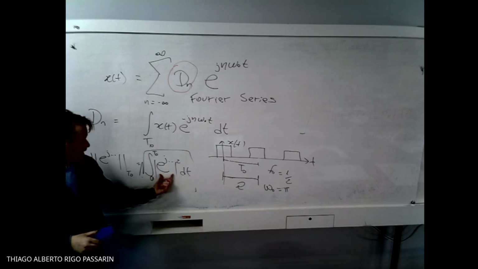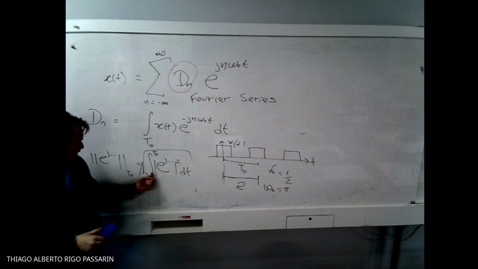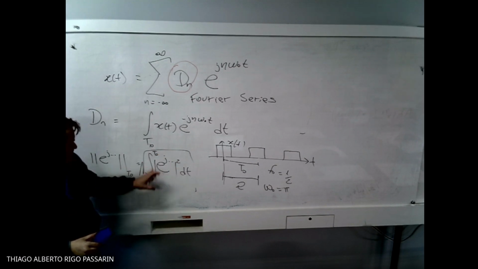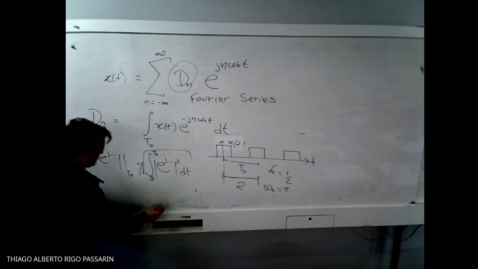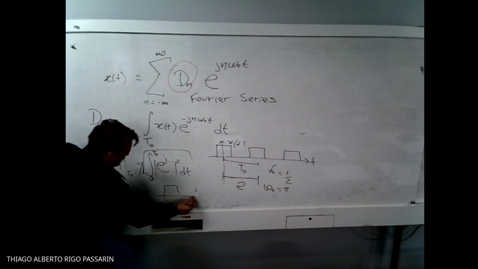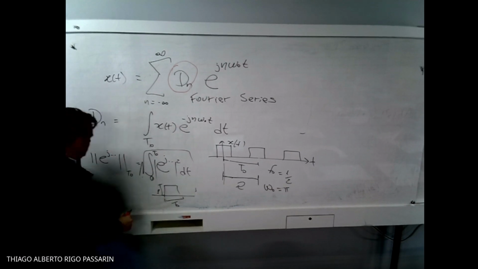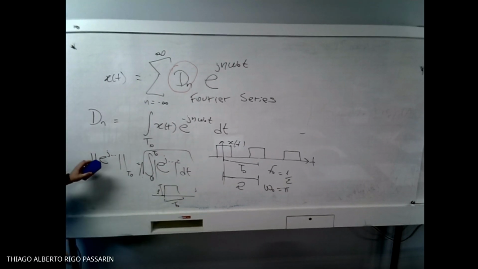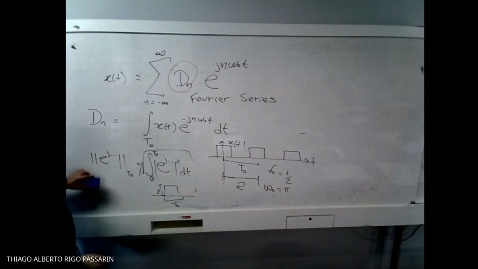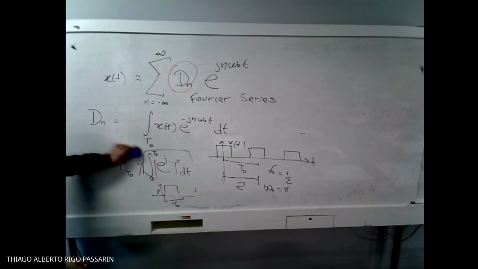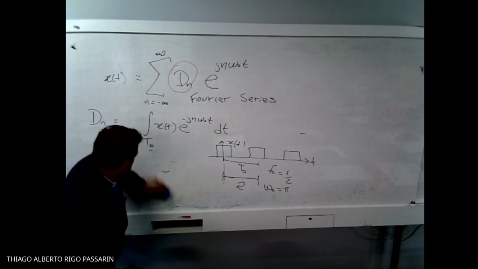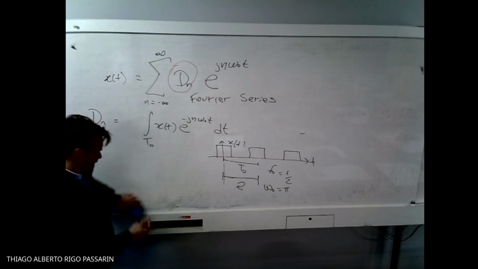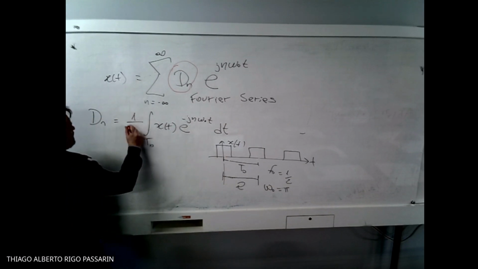What's the absolute value of e to the j something? 1. So it's just 1 from 0 to t0. So this will give us a square with base t0, height 1. So the norm will be t0 for this vector in my basis. So what I have to do here is just divide by t0.